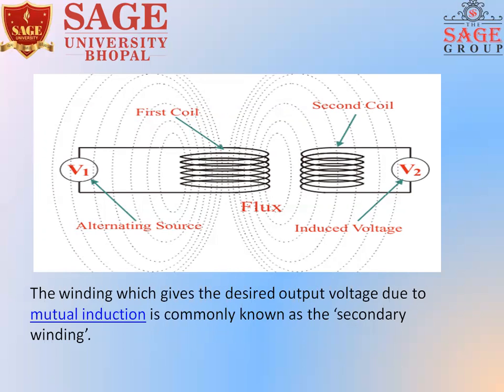So this is the section on the transformer and how it works. The flux is linked with the primary as well as the secondary, and with the help of Faraday's law, EMF will be produced in the whole coil of the transformer.